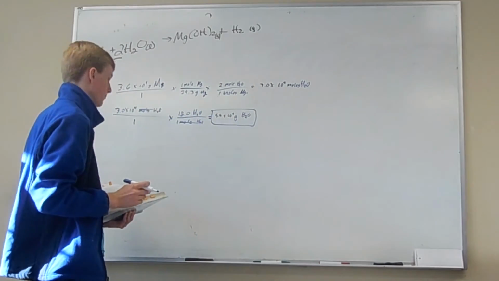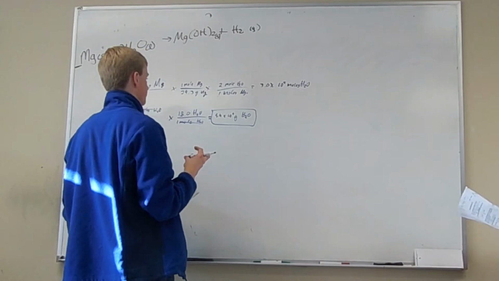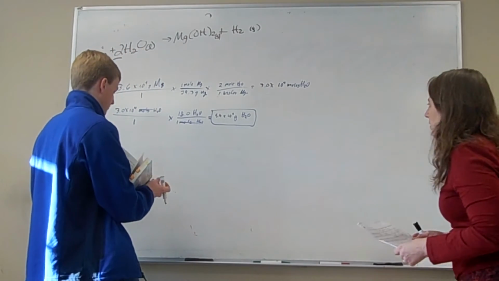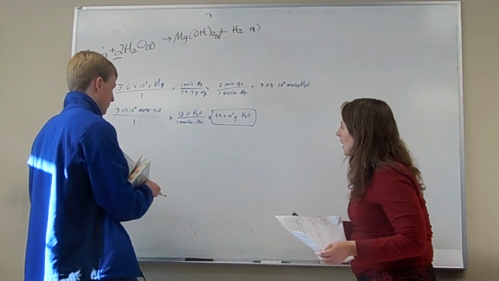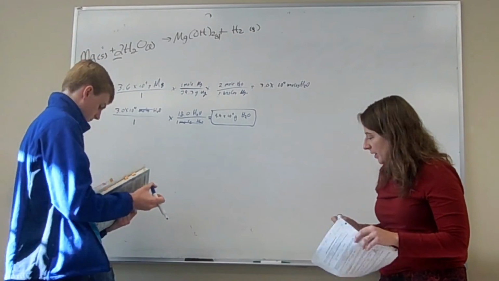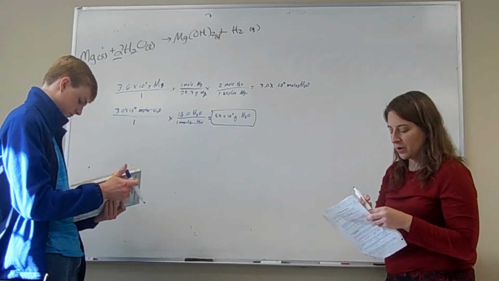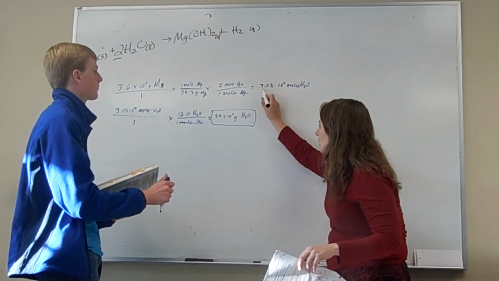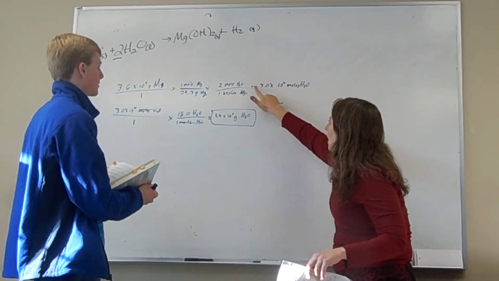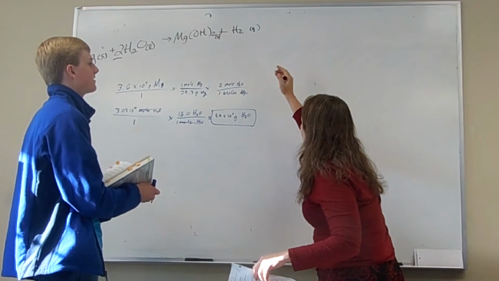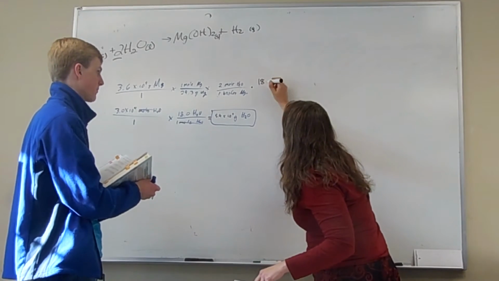Instead of 5.4 times 10 to the 5th grams of water. And that's all good, right? Significant figures and everything. Now, when I do the problem, I get 5.3 times 10 to the 5th grams of water only because I didn't round here. I just kept plowing right along, so that's okay if you're off.